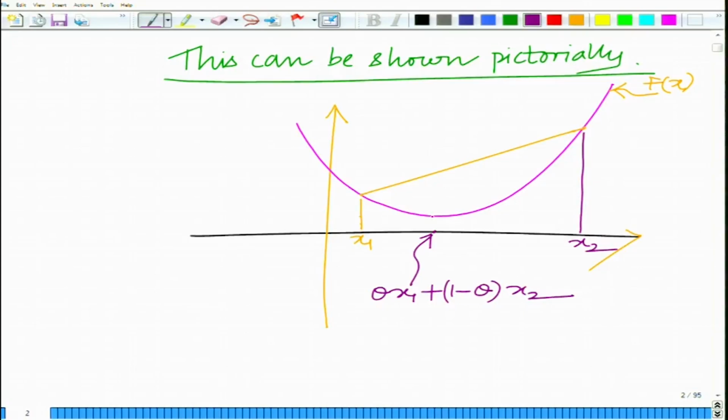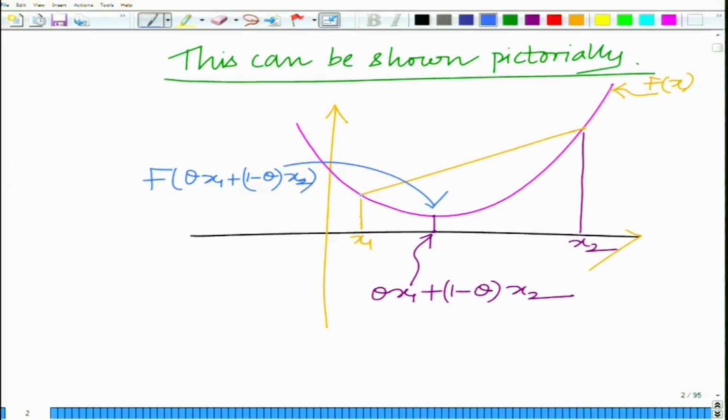And this value is the value of the function at that point, your f of theta times x1 plus 1 minus theta times x2.